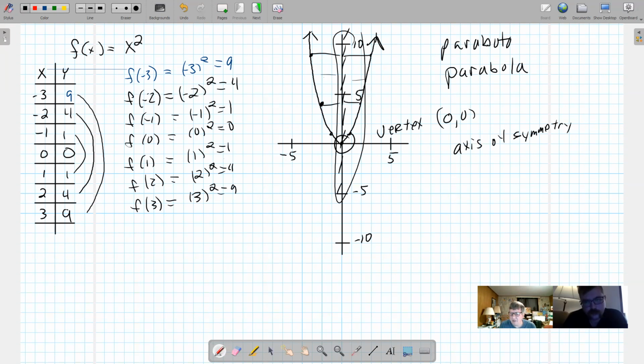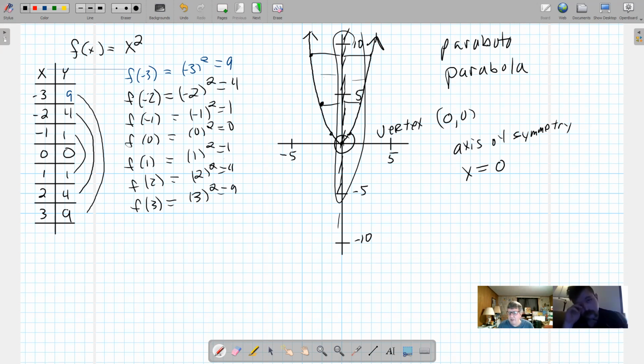It is always an equation describing a vertical line, always in the form x equals whatever x value that is, and that would be x equals 0, because every point on that dotted line has an x value of 0. So it has an axis of symmetry at x equals 0 and a vertex at 0, 0. Also notice the axis of symmetry goes right through the vertex. This is always going to be true.